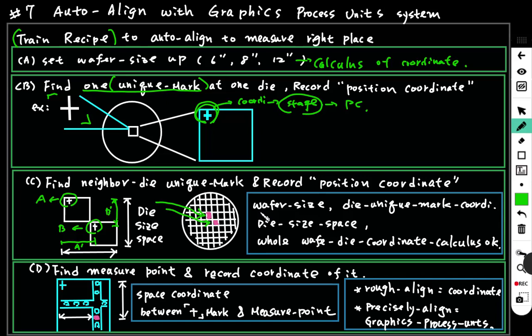Until now, we know the wafer size. And we know the die unique mark, cross mark, coordination, and die size space. Now we can let the computer calculate whole wafer die coordinate by its calculator system.